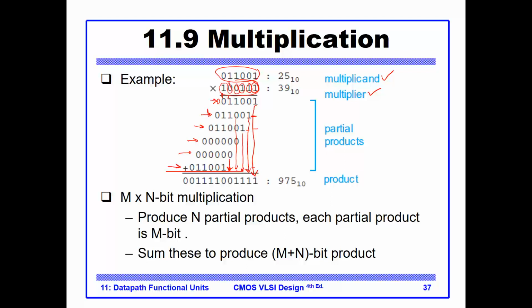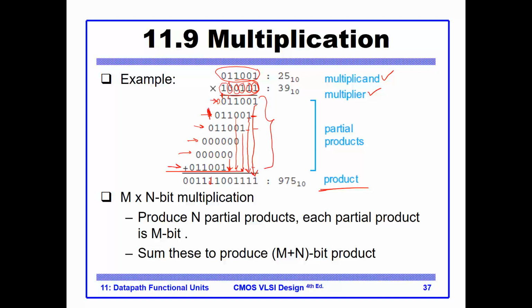Then 0 plus 0 plus 1, 1, and then we have a 1 here from a previous carry, 1 plus 0 plus 0 plus 0 plus 0, it's a 1 here, and here a 1, 0, 0. So this group of numbers here, we call them partial products, and the final result we call the product.